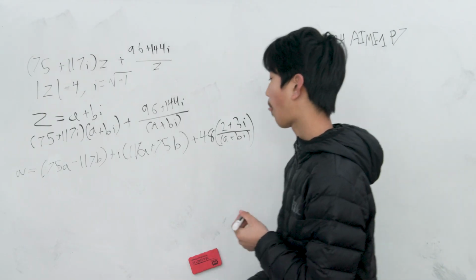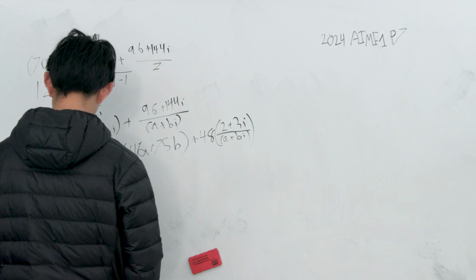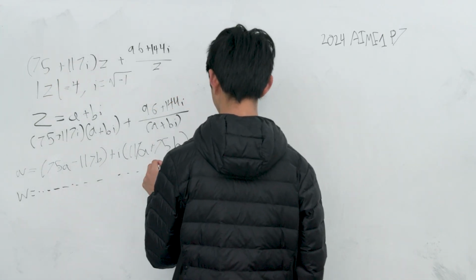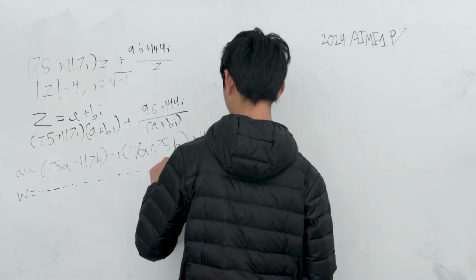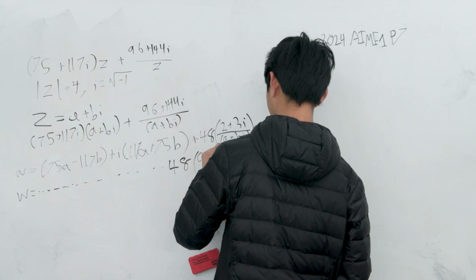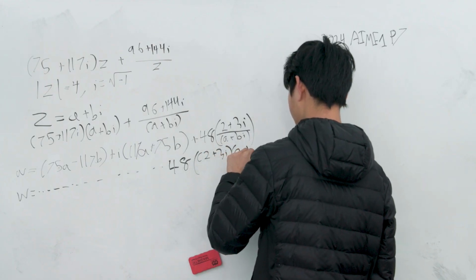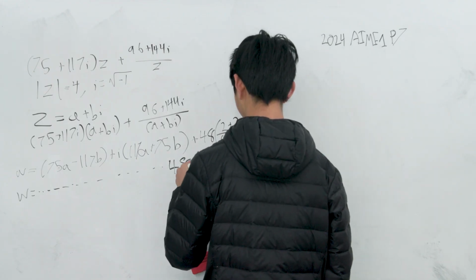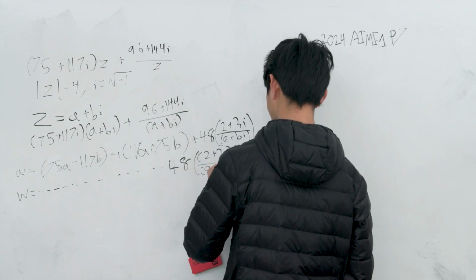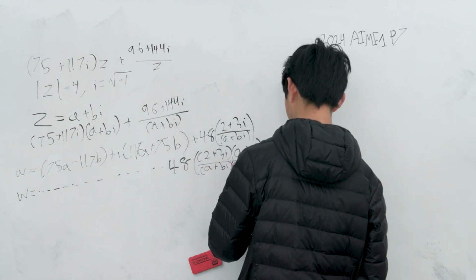I don't want to write all of this out again because it's the same, but right here we have 48 times (2 + 3i)(a - bi), divided by (a + bi)(a - bi).